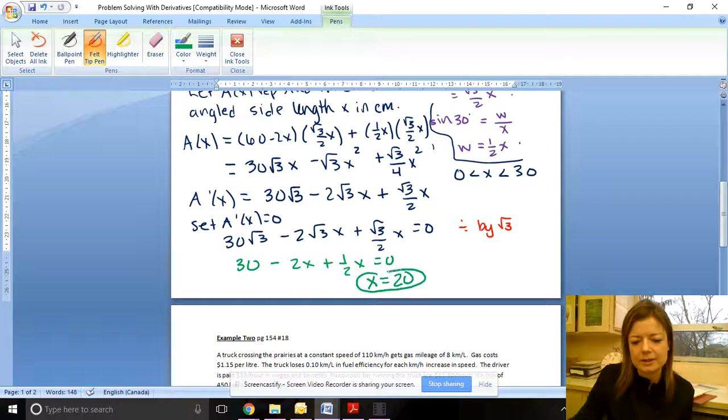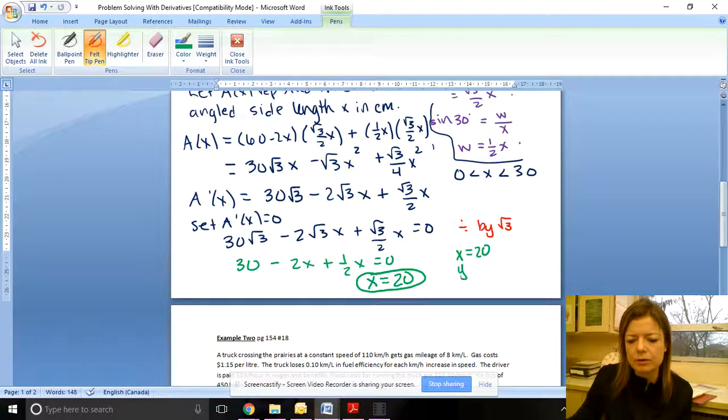So that means the dimensions are, your x, your side length, is equal to 20. So that's 20 and 20, this is 40, so you get a 20 centimeter base, and then you can use that to find the height by putting x back into whatever you need. It says to determine the dimensions that will maximize the height. So your x is equal to 20, obviously.